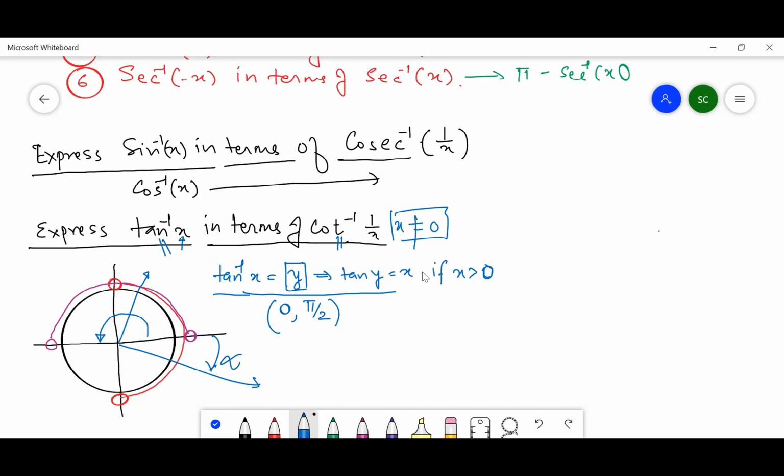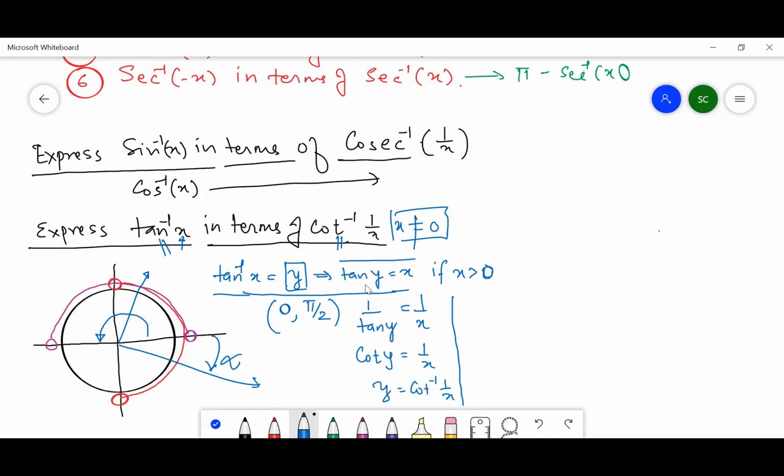So if x is greater than 0, it is well behaved, and therefore we can directly use trigonometry and say that 1 upon tan of y is equal to 1 upon x, which is cot of y, which is 1 upon x, and therefore y will be equal to cot inverse of 1 upon x. Of course, we have to take care of domain considerations.